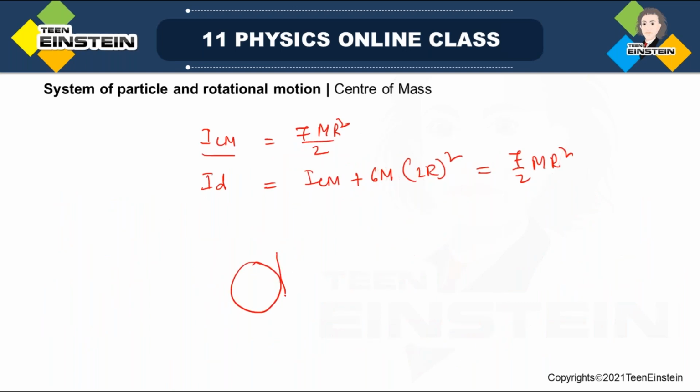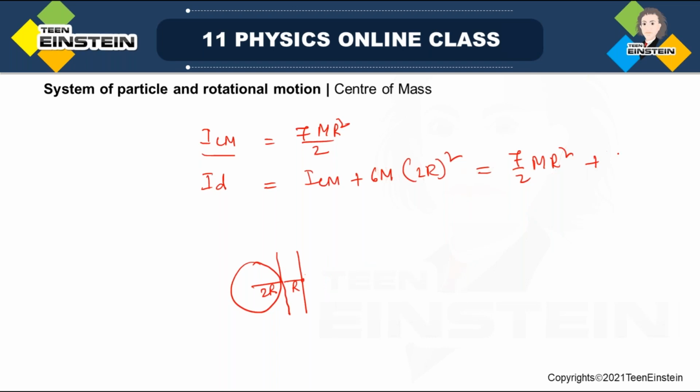The case is this: the moment of inertia of a disk of radius 2r, with another axis at distance r, and where the mass is also m. Because this is another center.